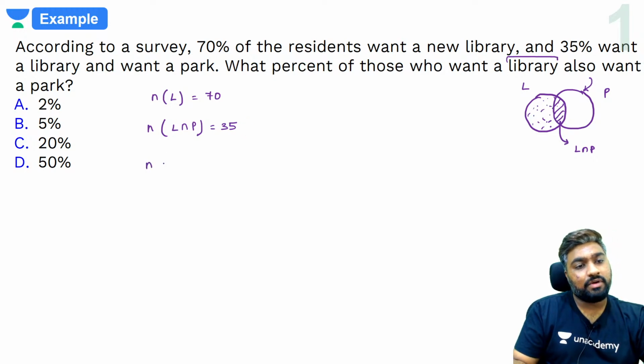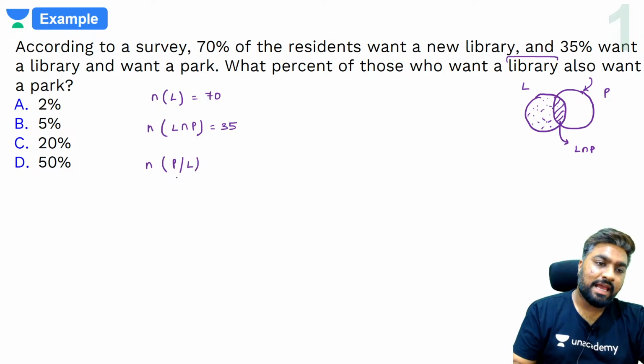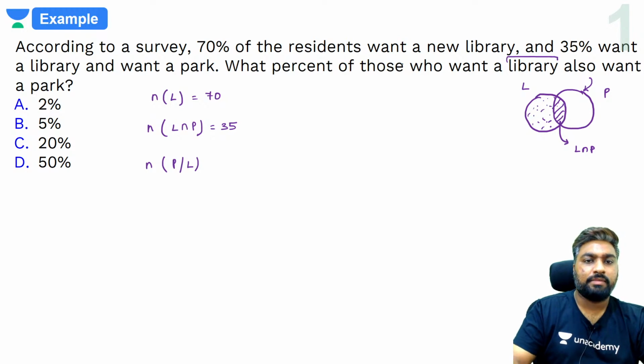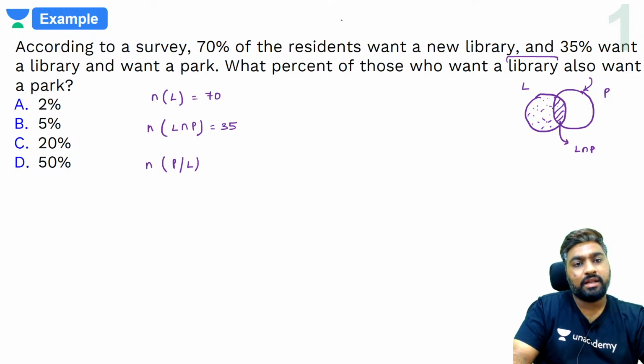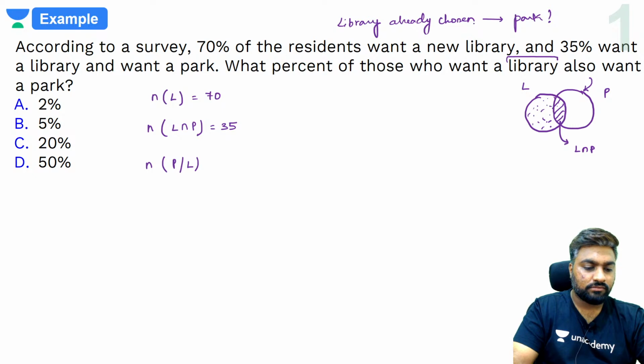They're asking the number of people who belong in the group of park when library. That means they have already chosen library. Those people who have already chosen library, those guys also want a park. How many would that be? Are you getting this?